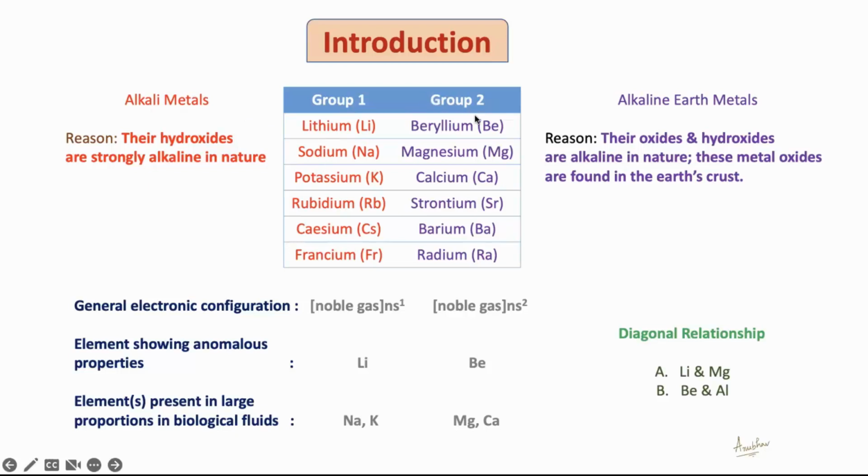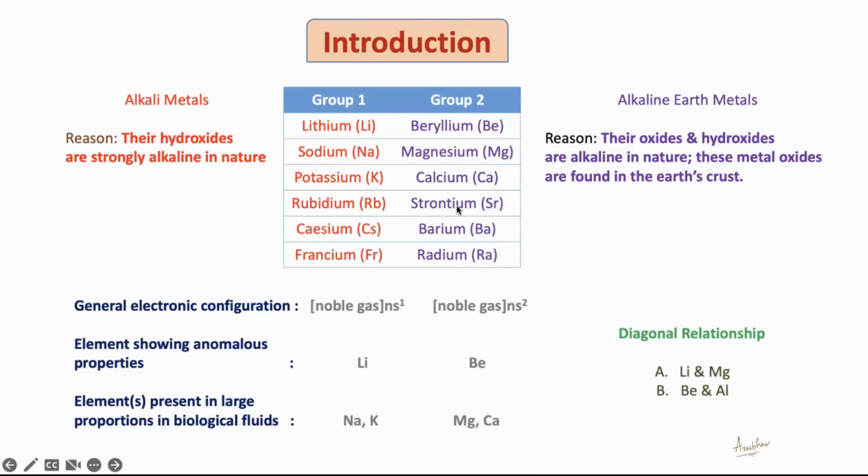In group 2, we have from beryllium to radium. These oxides or hydroxides are also alkaline in nature, but their metal oxides are found in the Earth's crust. Crust means the upper layer of the Earth that is covering the entire Earth. So in the crust, magnesium oxide, calcium oxide, beryllium oxide, these kinds of oxides are largely found.